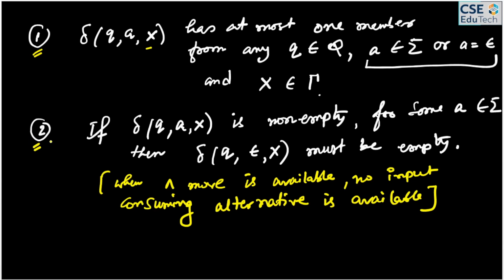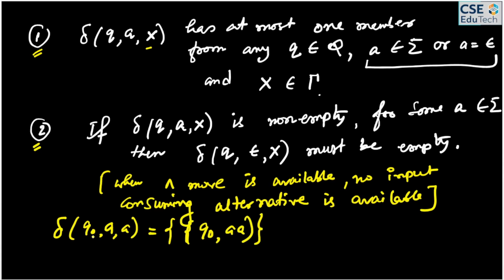But condition number 2 means suppose we have a transition like this: in state q0 with input a and stack top A, you remain in the same state q0, and this stack top symbol A will be replaced by AA.